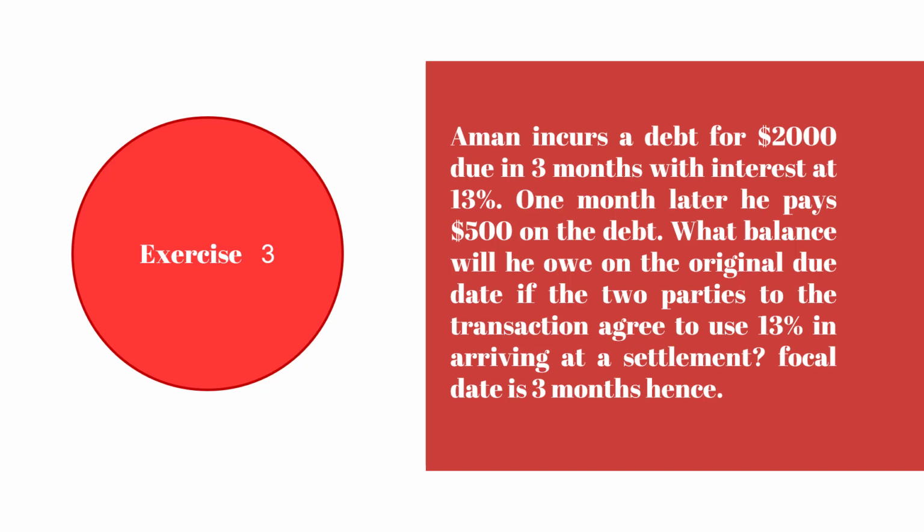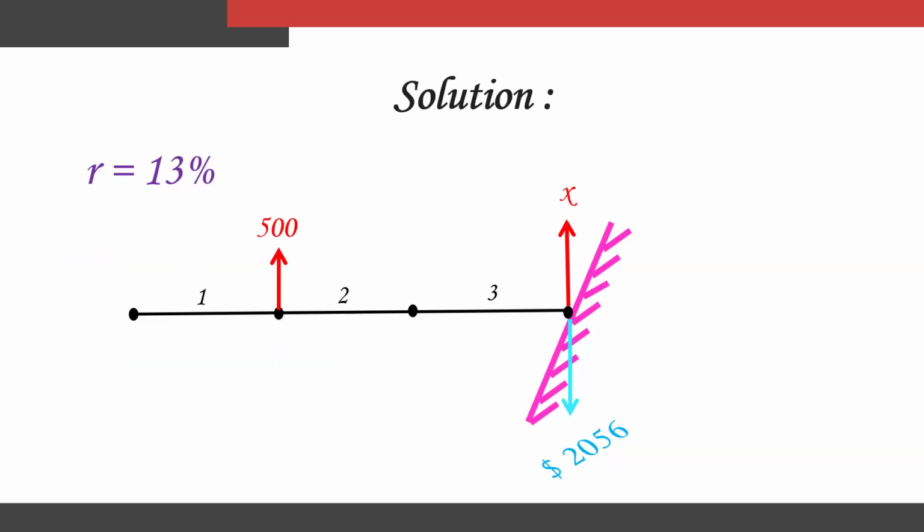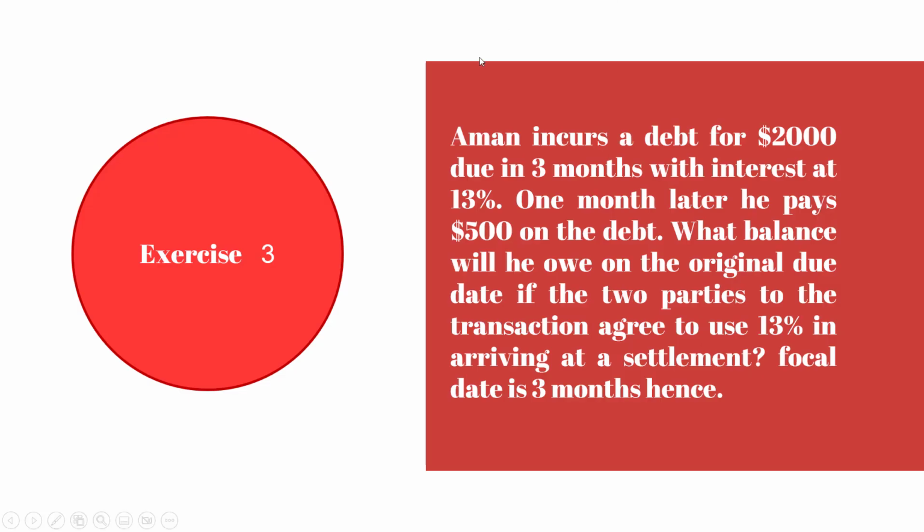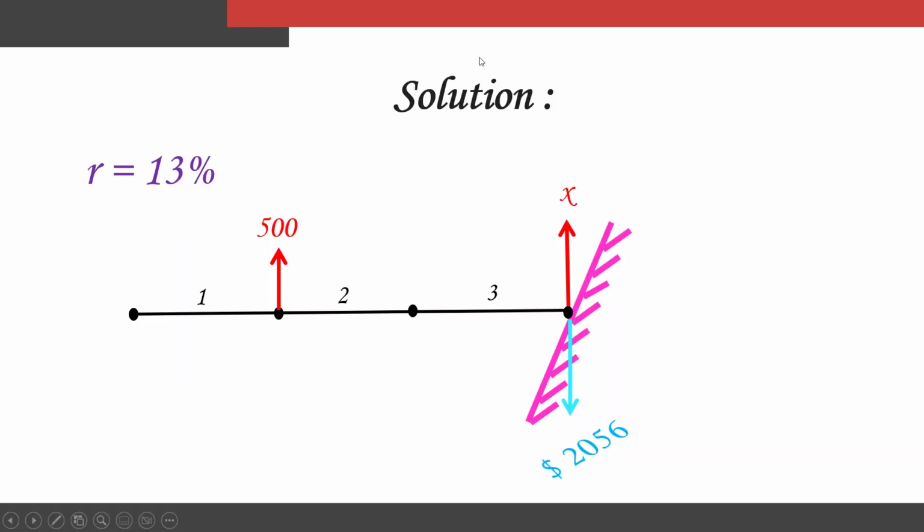Look at the timeline. At the beginning, here we have $2,000. He will pay them after 3 months. So he owes $2,056 after 3 months.